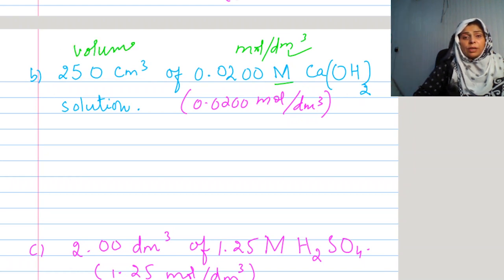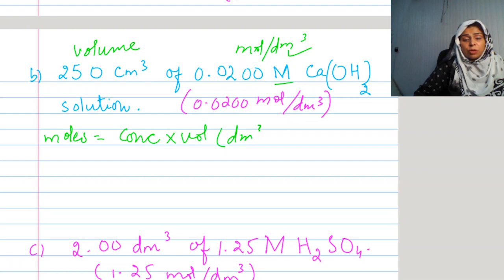All right, so what do we have to calculate? Moles. In order to calculate moles, we write the formula concentration into volume, and volume should be in decimeter cube. So first of all, we divide 250 by 1000 and multiply by the concentration, that is 0.0200.